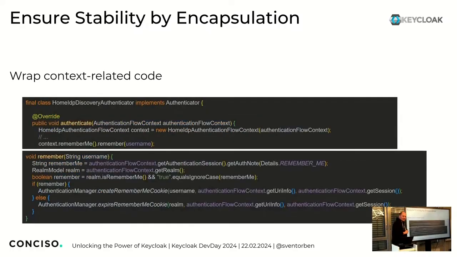I also do the same thing for this whole context object as well. It's not only the configuration. I try to do it for all these contract-related information. And that's especially when I need to integrate something within Keycloak where Keycloak doesn't provide a proper service provider interface. So for example, for the home IDP discovery, I wanted to reuse this remember me feature. So when you use the login page, you can say remember me.